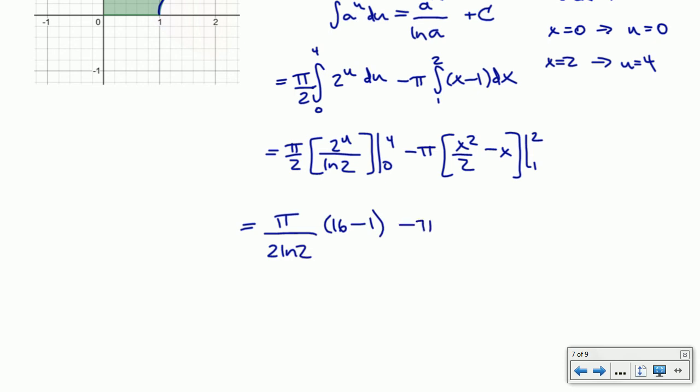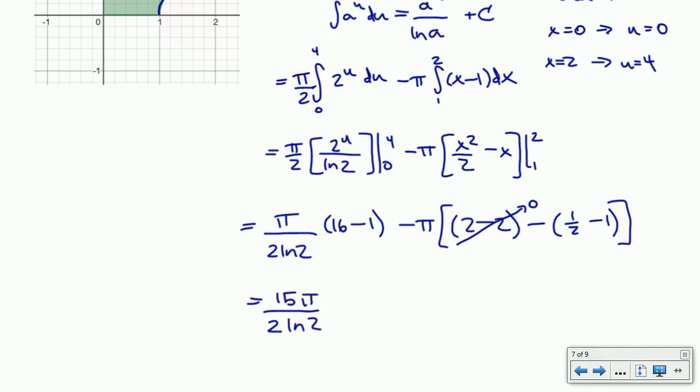Then we subtract pi, 2 minus 2, which goes to 0, minus 1/2 minus 1. Next we would get 15 pi divided by 2 ln of 2 minus pi times 1/2. We can clean this up a little bit further using one of our log laws. So we would have 15 pi over ln of 4 minus pi over 2.